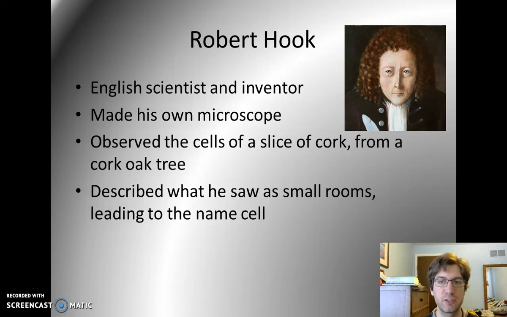He observed slices of cork from a cork tree, which is part of a living thing and therefore, like all living things, made up of cells. And he described them as being small rooms, very similar to a prison cell. It would have a small room, and that's where the name cell comes from. So Robert Hooke was our first to discover cells and give them their name.